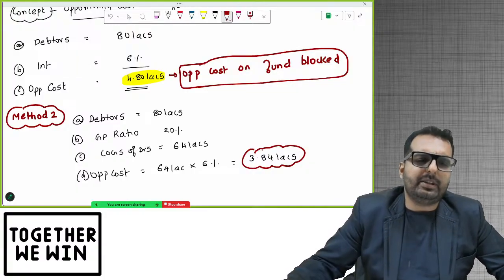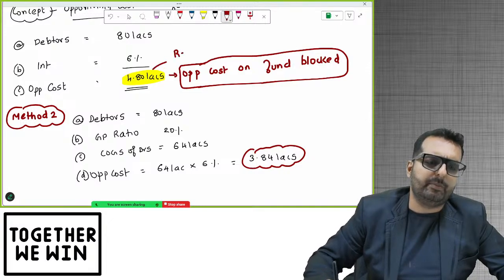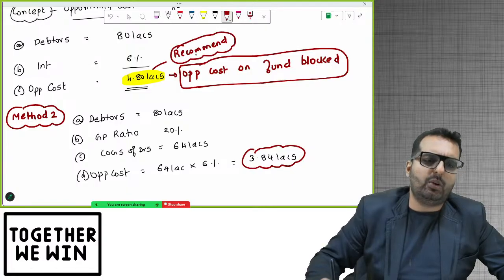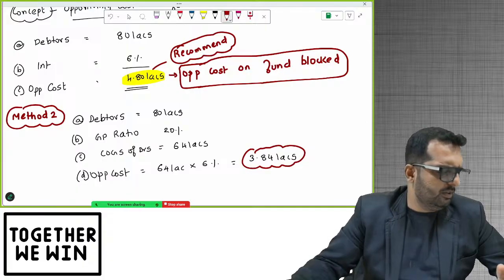So this is another method, but according to me, I would recommend the first method only. But in your textbook, sometimes they solve it using this method also, so you should know about this. Can you write this down in your books now?